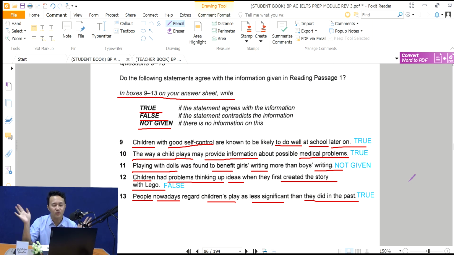Okay, and true is simple. It's there and it's the same. So always remember, do not let your prior knowledge interfere, and understand true, false, not given and their differences.